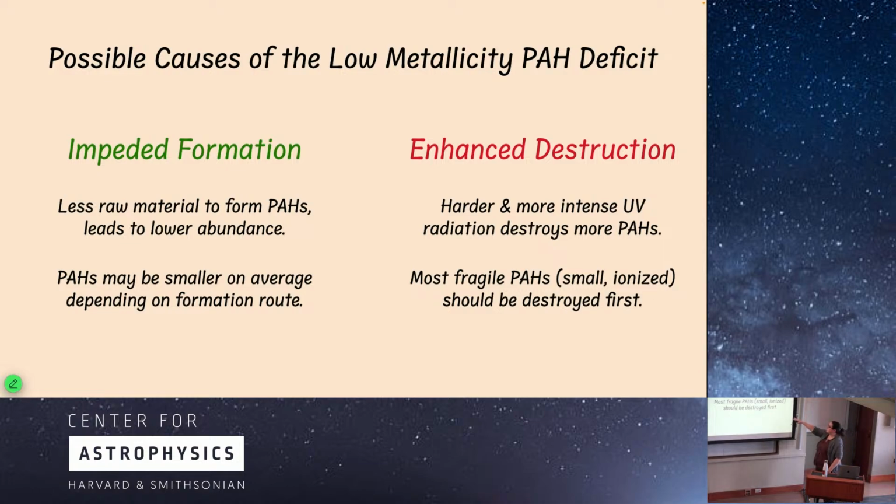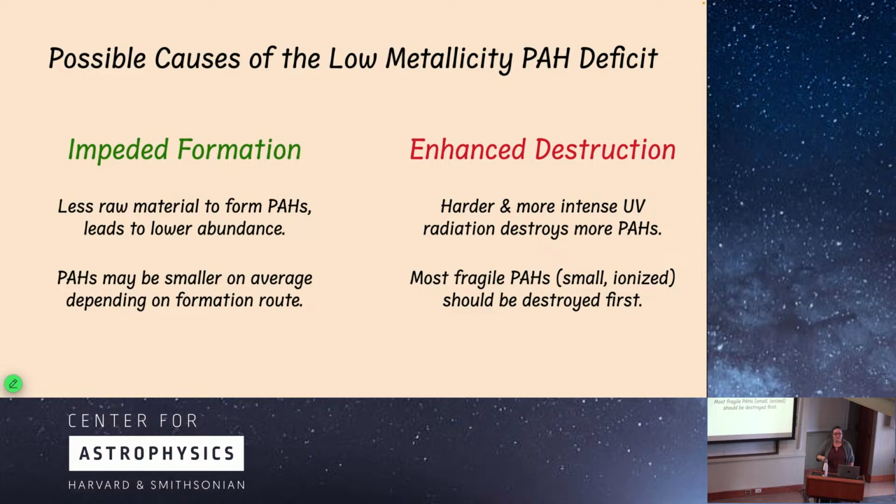If this is the case, you might expect actually that the most fragile PAHs should be particularly gone, and that is small ones. Small PAHs are easier to destroy with a single photon or with any process really, which would destroy the smallest ones first. So these are 2 different predictions. In this case, you might predict PAHs are smaller on average. And in this case, you might predict they're bigger because the small ones get destroyed first.